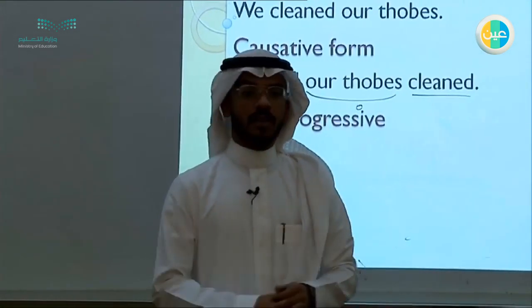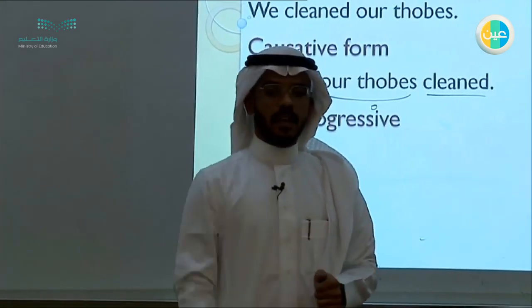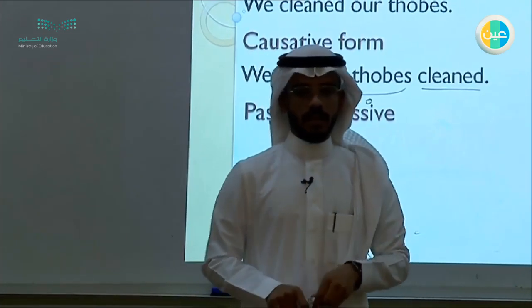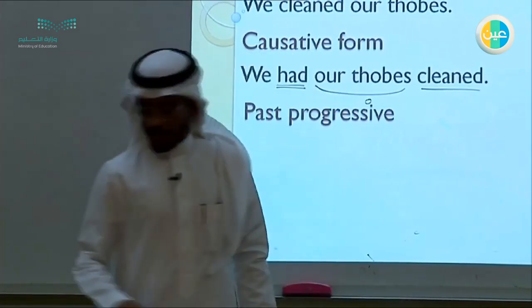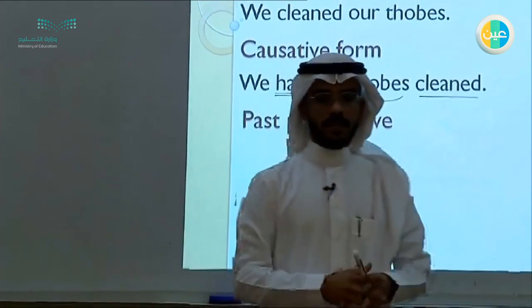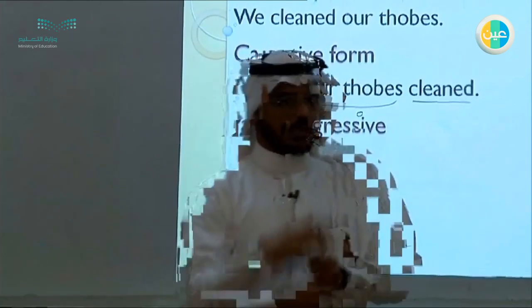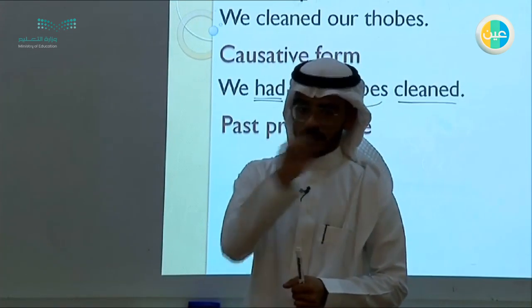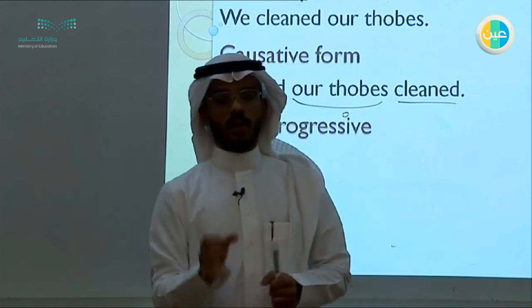We cleaned our thobes at 7 p.m. yesterday. حددت الوقت متى حدث. Okay, past progressive وشكل الفعل طبعا نفس ال present progressive, ing. But don't forget الماضي في am, is or are. No, in the past we use was or were.